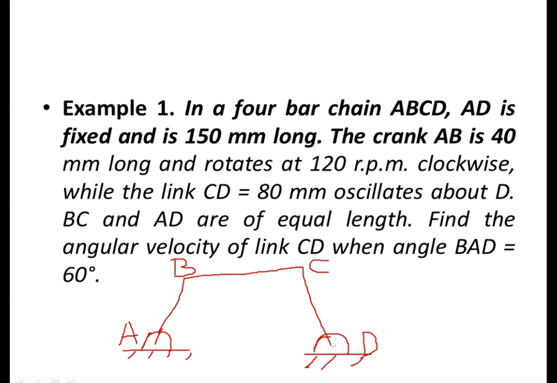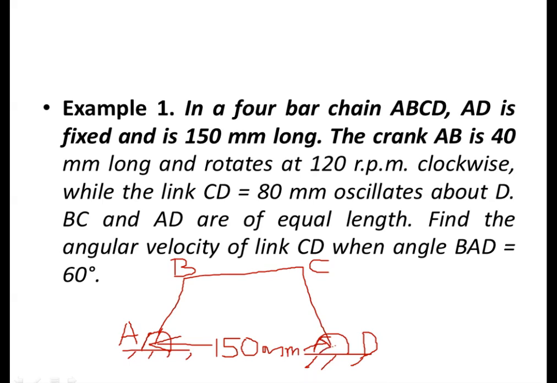So how to construct this? You should know. Okay, I will tell the step by step procedure. Just see. So let us see what are the dimensions given here. So AD is the fixed length and the dimension is given as 150 mm long. So from A to D, this distance is 150 mm. So this length first you need to fix.